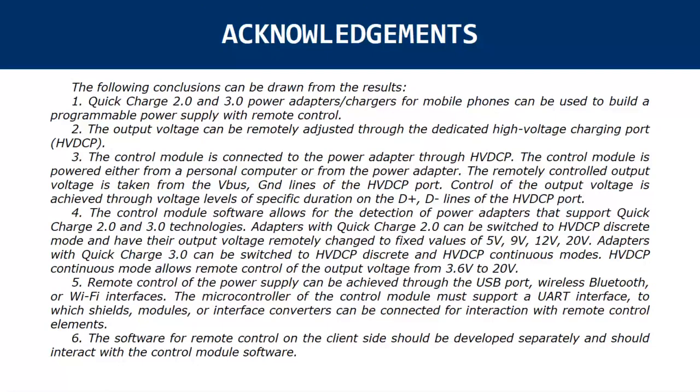First, quick charge 2.0 and 3.0 power adapters, chargers for mobile phones, can be used to build a programmable power supply with remote control. The output voltage can be remotely adjusted through the dedicated high voltage charging port, HVDC.